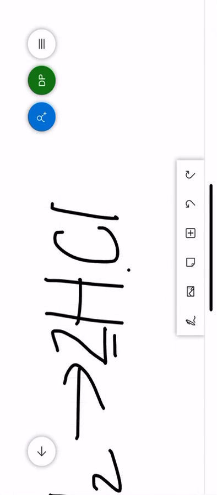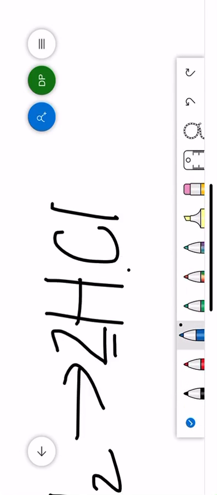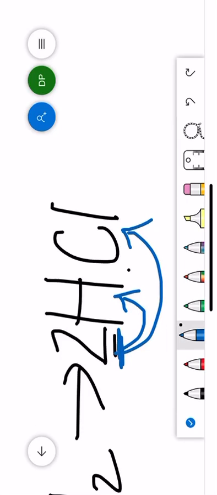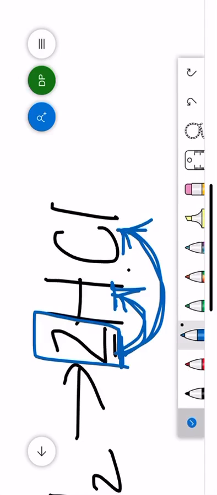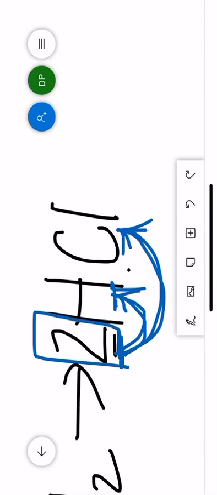So I'm just going to write 2 here. That means it is 2 for hydrogen and 2 for chlorine. Whatever number you write here is for all the elements in that compound. Okay, let's move on.